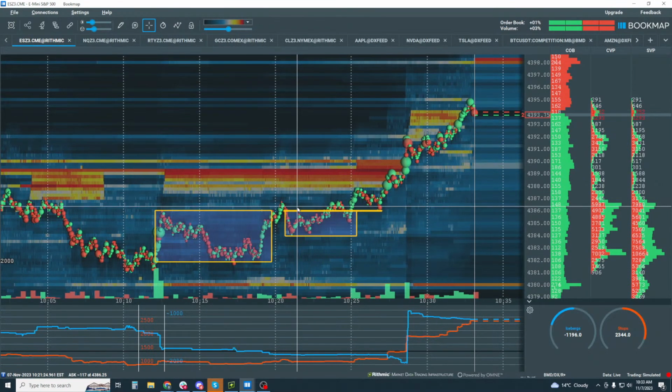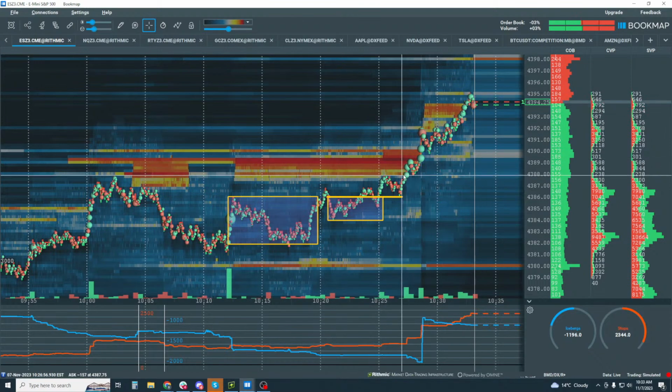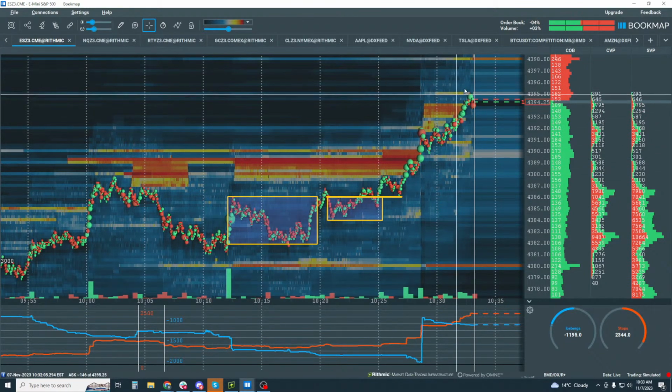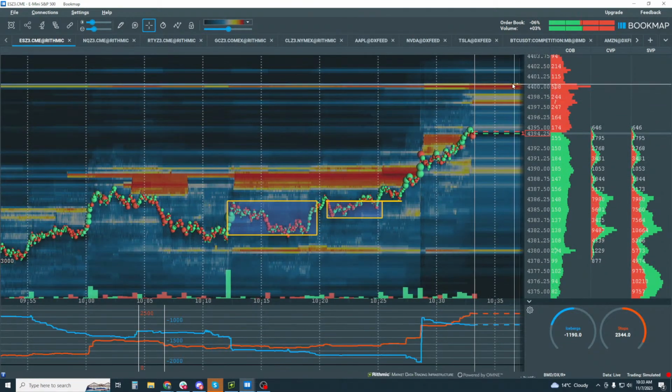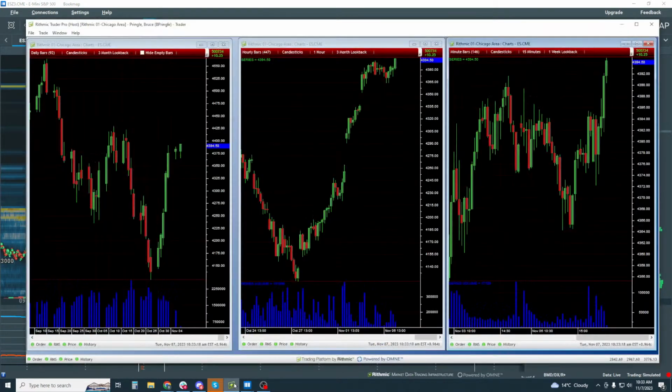It's something to study. It's something to understand. Okay, because this has actually turned out to be a really nice move. Okay, and 4,400 is the next step up here. Let's take a look at our bigger picture. Okay, this is something we had mentioned as well on the hourly, on the daily here.